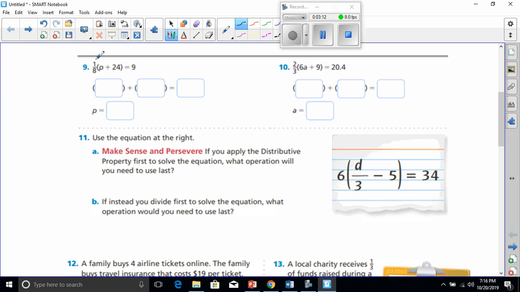Once again, I'll distribute the 1/8 to everything inside. So 1/8 times p will be 1/8 p. And we'll add that to, well, 1/8 times 24. Remember, this is multiplication, so it's really 1/8 multiplied to 24/1.